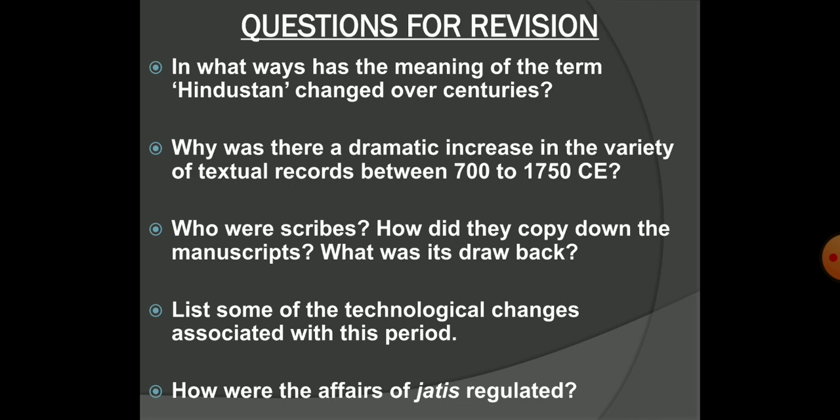Third, who were scribes? How did they copy down the manuscripts? What was its drawback? Fourth one, list some of the technological changes associated with this period. Fifth one, how were the affairs of jatis regulated?